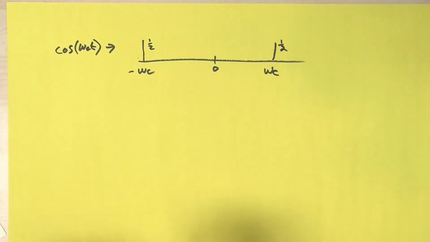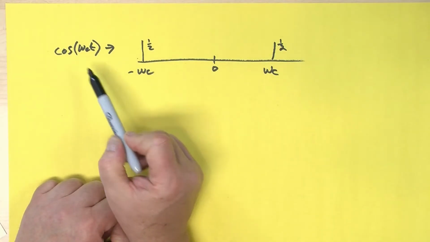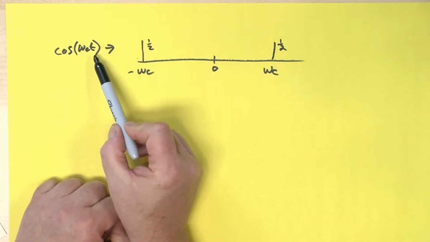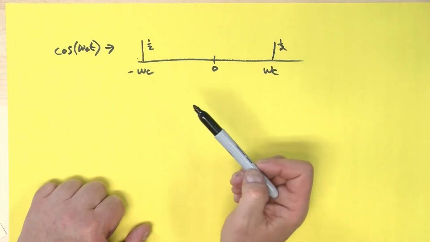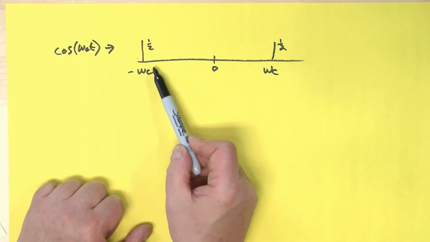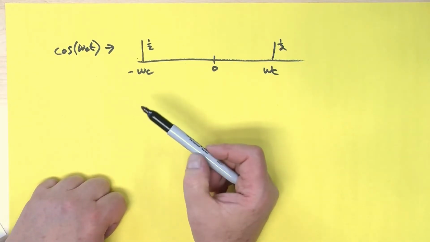All right, so I've redrawn our cos omega c t spectrum because I want to show you how real these minus frequencies actually are.